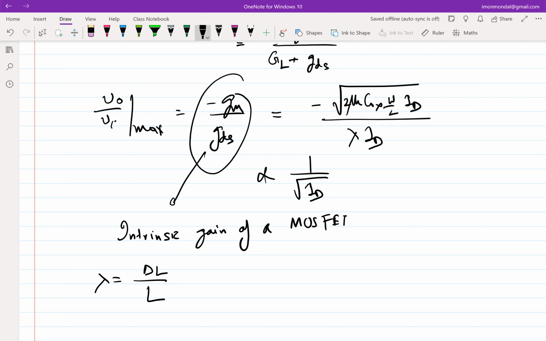Delta L, you cannot do anything, but L is a design parameter. Lambda times VDS is delta L by L, correct.